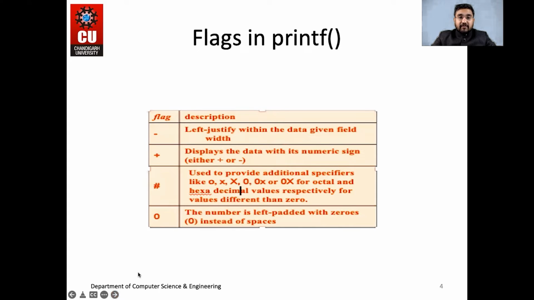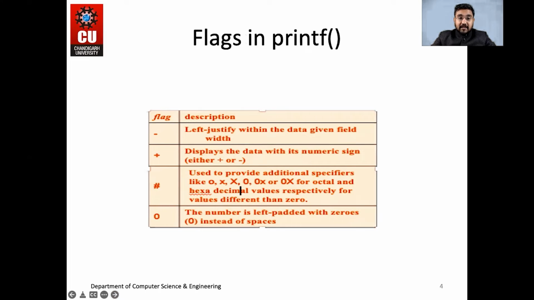Now, talking about flags, they are basically used for justification. By default, whenever you print any value, it will be printed towards the right. So by default, the output is right justified. In case you want the output to be left justified, we'll use the flag minus.